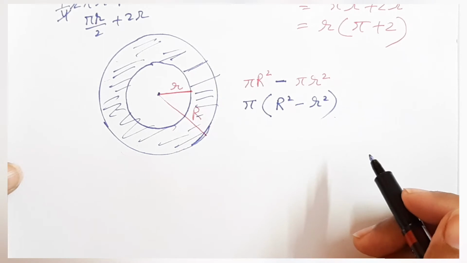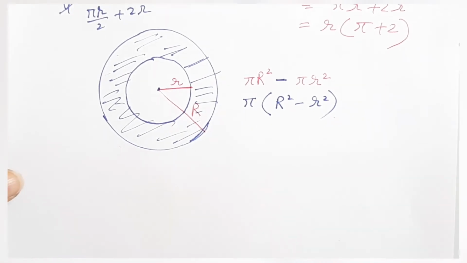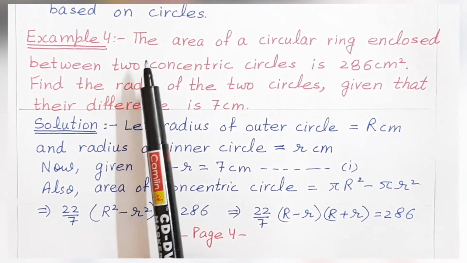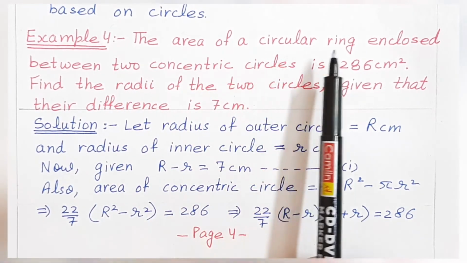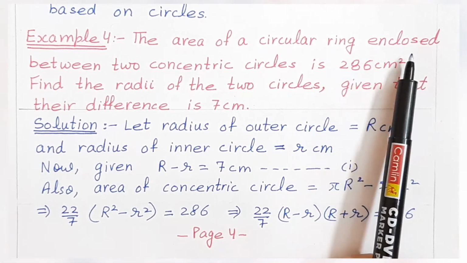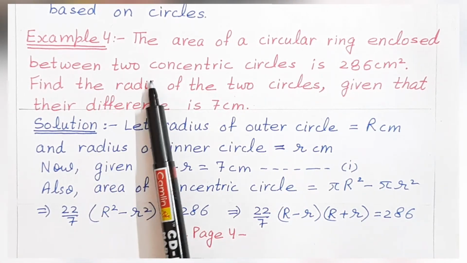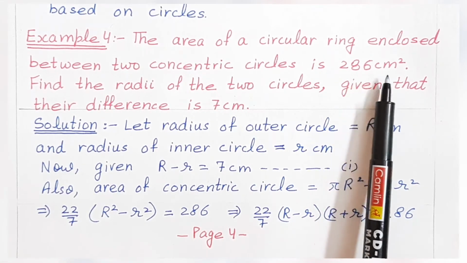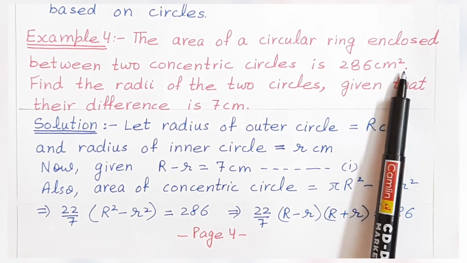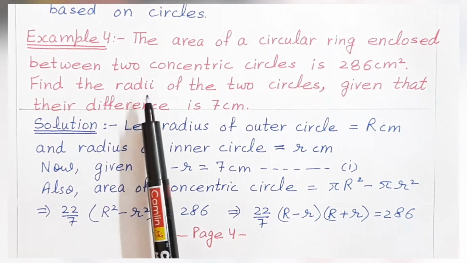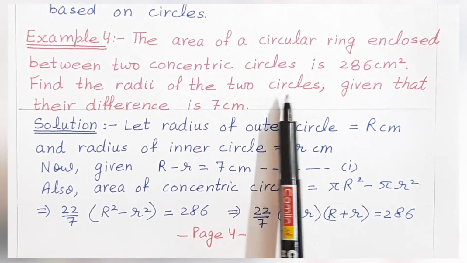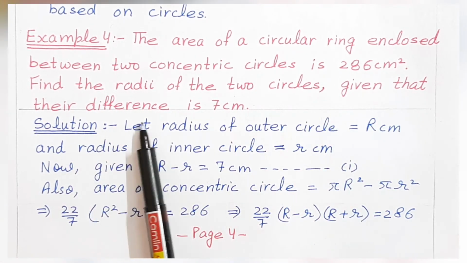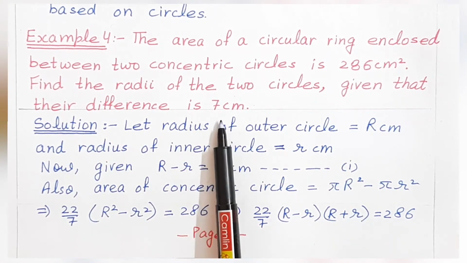Now students, let us discuss an example related to circles. The example is: the area of a circular ring enclosed between two concentric circles is 286 centimeter square. Find the radii of the two circles, given that their difference is 7 centimeter.